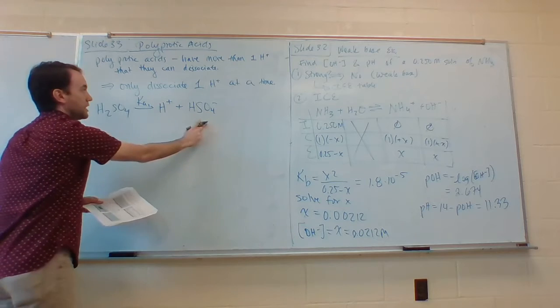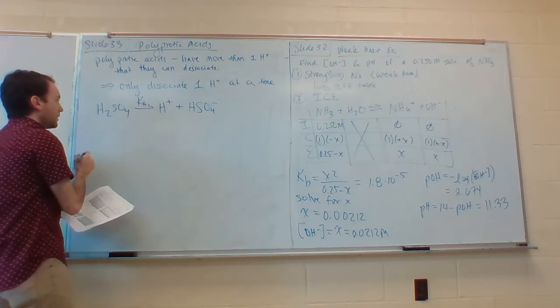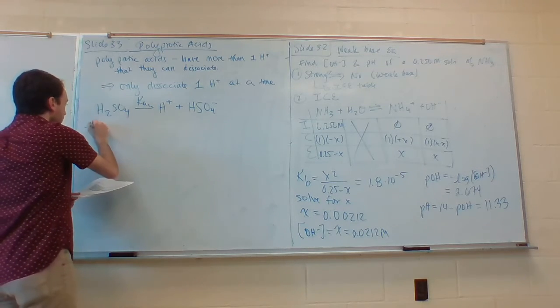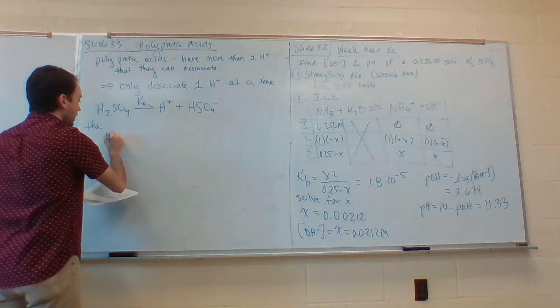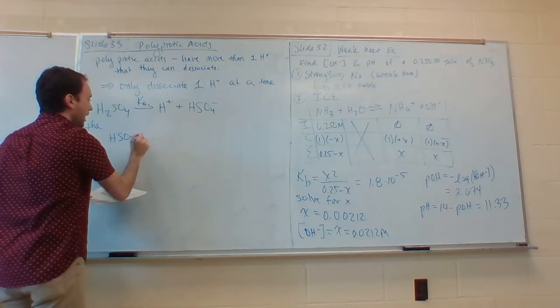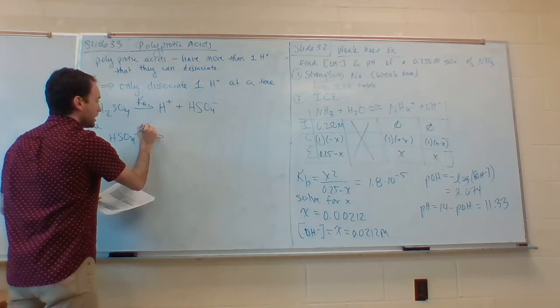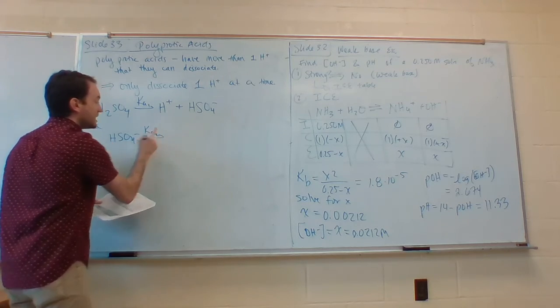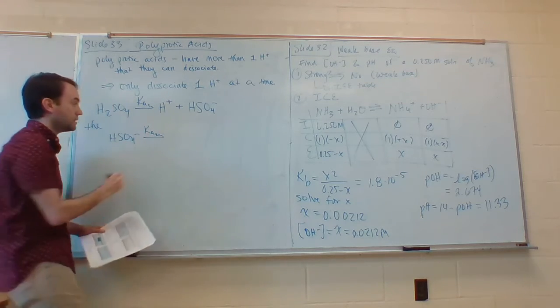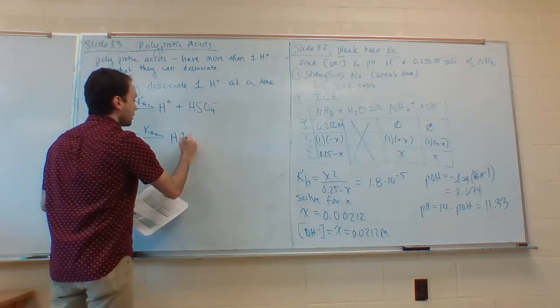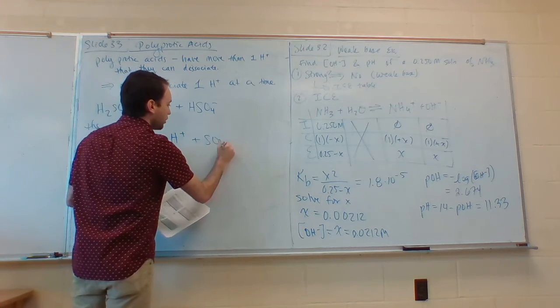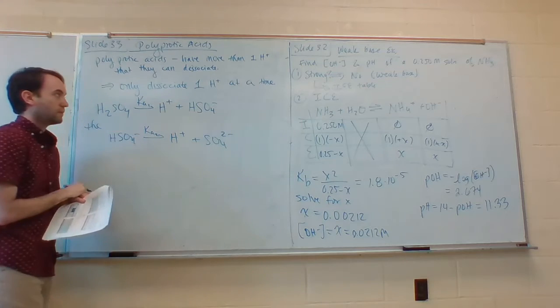So this would be the first step where it got rid of its first proton. And then it'll get rid of the second one as HSO4 minus, losing a second one, and it's going to have a different dissociation constant when it becomes SO4 2 minus, okay?